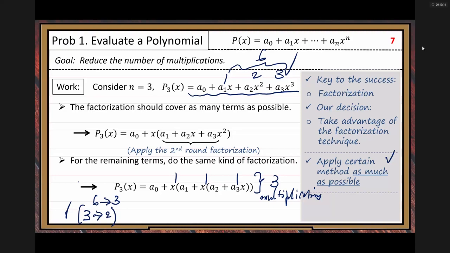Now, the summary part. Here, we apply factorization as much as possible. This kind of strategy we will use in many other places. Some effective, good technique, we want to apply it as much as we can, just like in this example.